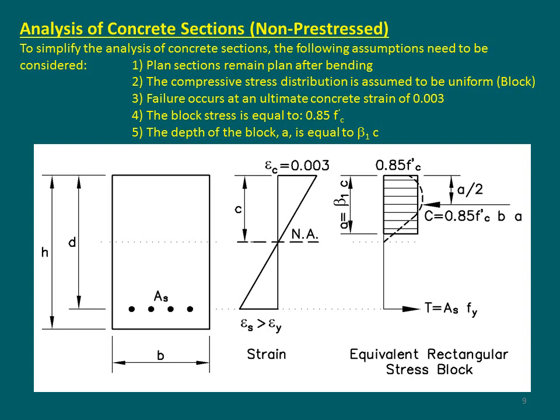The strain distribution here is assumed to be linearly distributed throughout the depth of the beam. Look here at the first assumption. It says plane sections remain plane after bending. This assumption confirms the fact that we're trying to simplify the strain distribution within the beam, and it is going to be linearly distributed like the way that you're looking at.